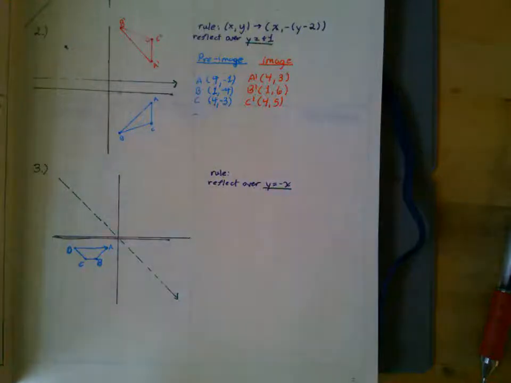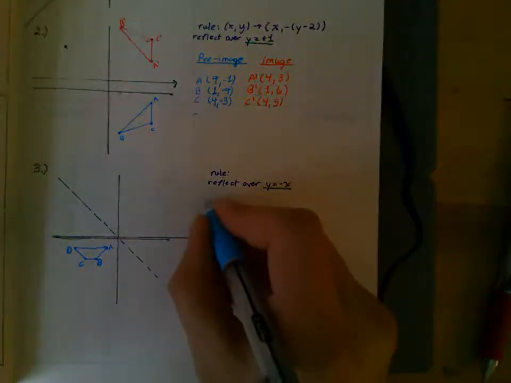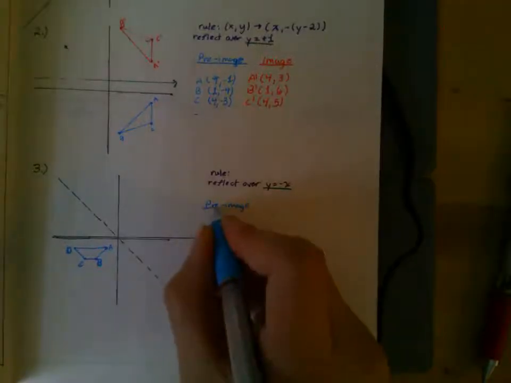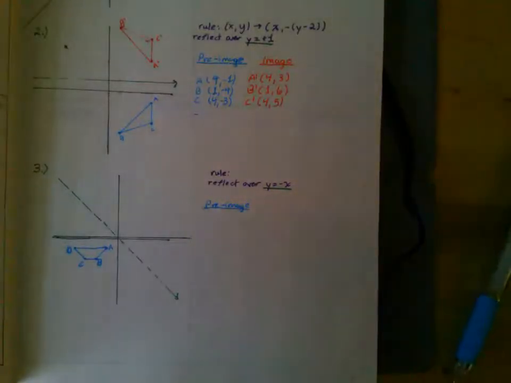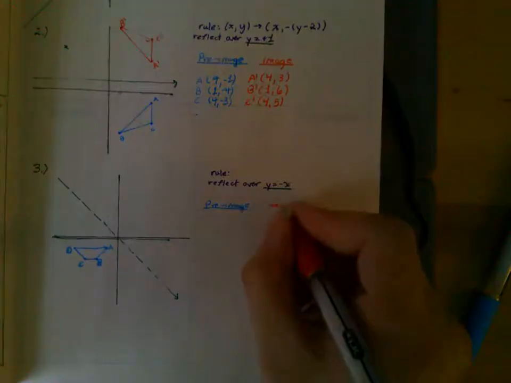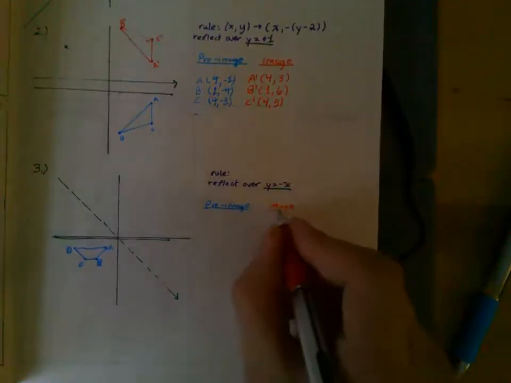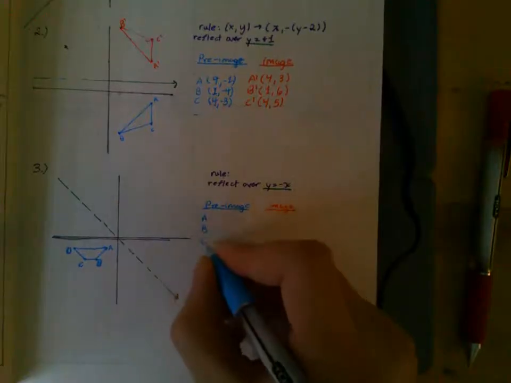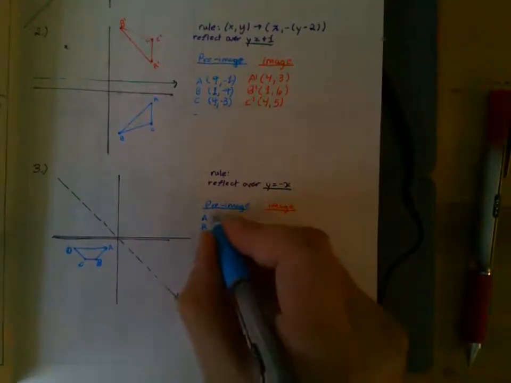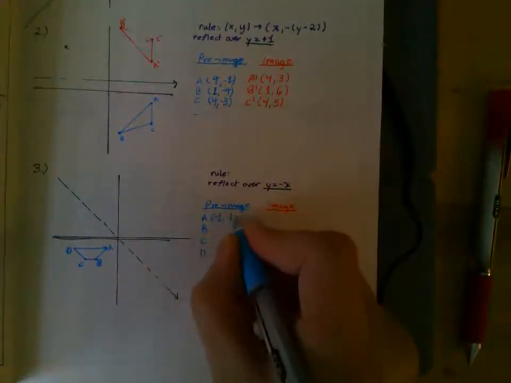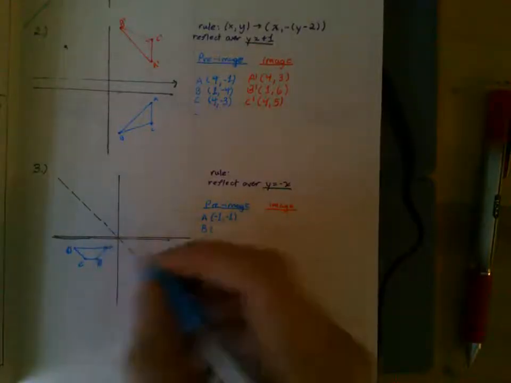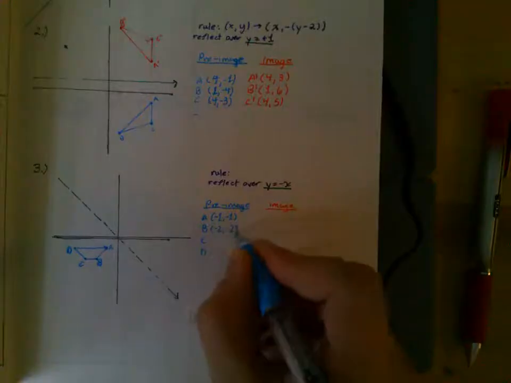So our pre-image and our image, A, B, C, and D. A is at -1, -1. B is at -2, -2.